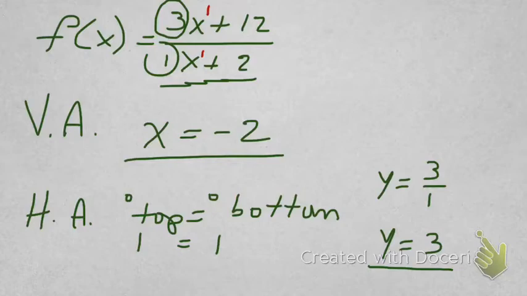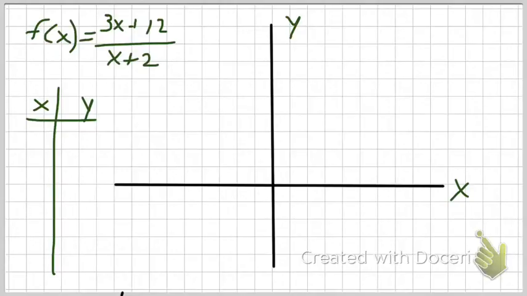Let's tie it all up with the graph. Let's begin by plotting our vertical asymptote. We said x cannot be -2. So your graph is going to get really close to -2, but no touching. We also have a horizontal boundary where y is 3.